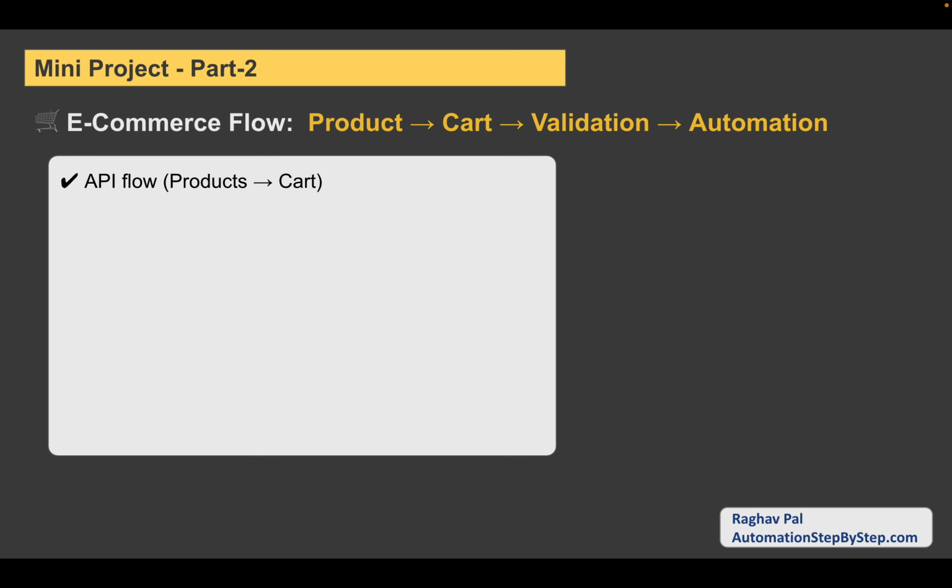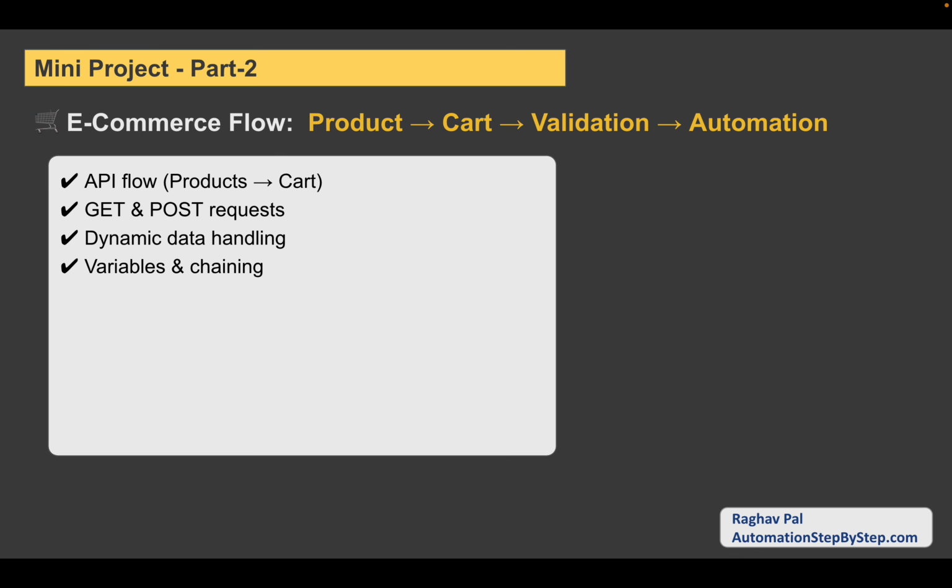And in this process we are going to learn different features of Postman and API testing. We will first create an API flow using products, cart, login, etc. Then we will also have some get and post requests in this flow. We will understand and learn dynamic data handling. How can we capture the data and then handle it or check it or validate it?